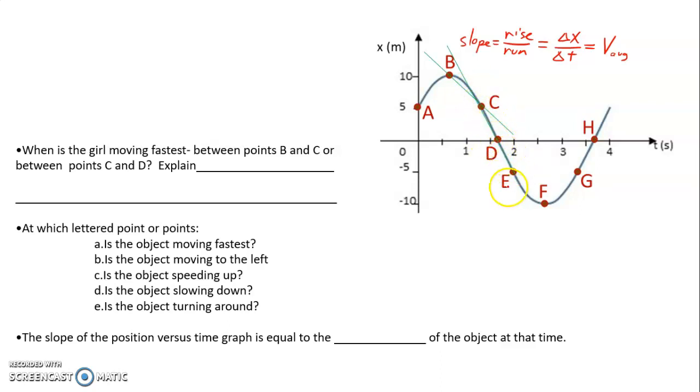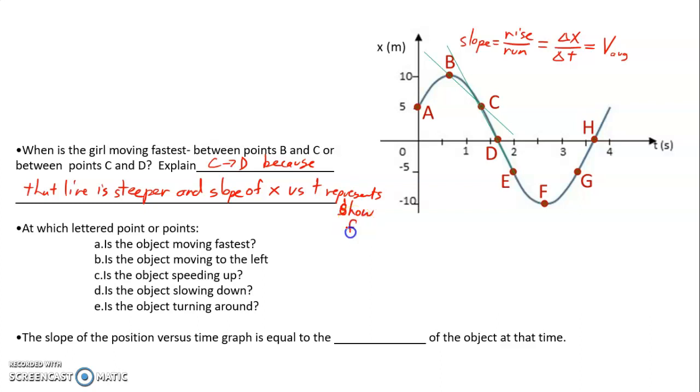They're both negative, but the steeper slope is from C to D. So C to D, because that line is steeper, and slope of position versus time represents, let's say, how fast an object is moving.